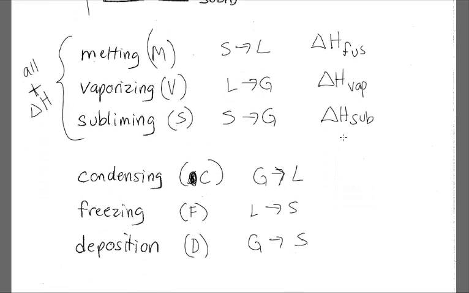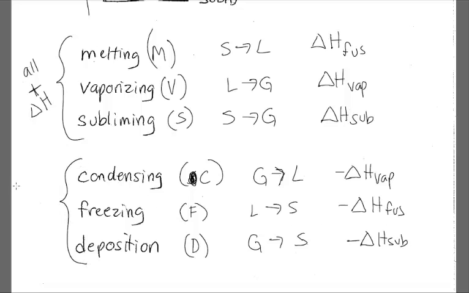So we can say condensing is just the opposite of vaporizing, so its delta H is negative of whatever the heat of vaporization is. And the freezing is just negative of the delta H of fusion. And deposition is the negative of the delta H of sublimation. So these three are all negative delta H values. They're all exothermic. And the first three were all endothermic.